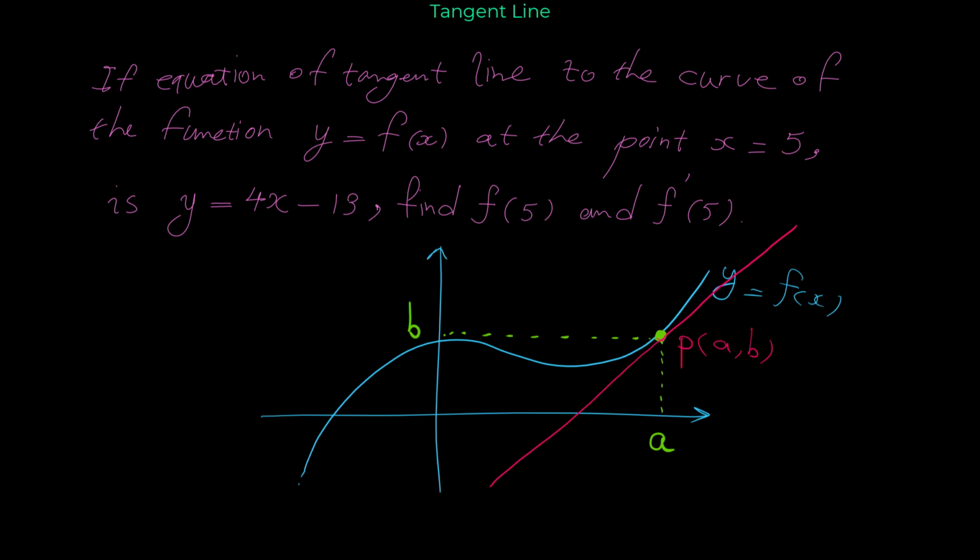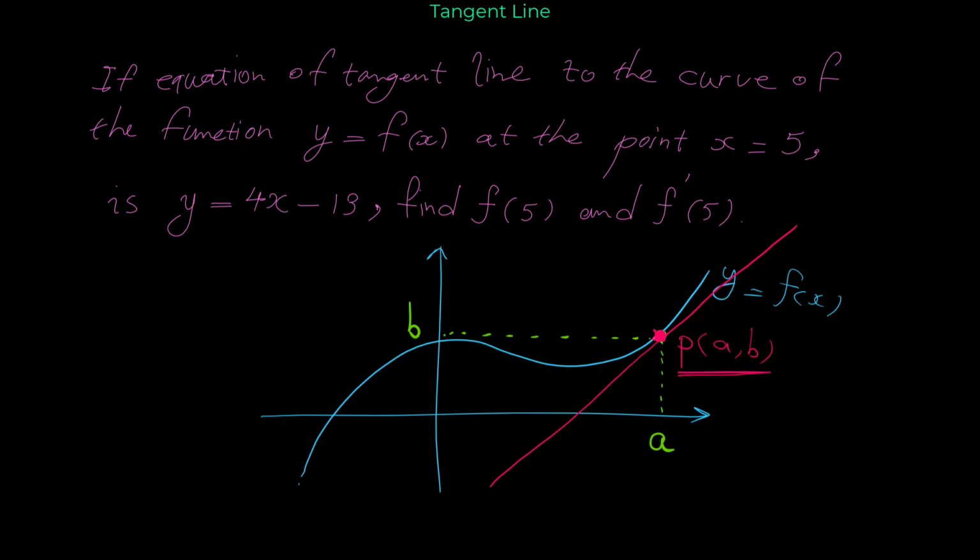First of all, note that this point P is on the curve y equals f of x and is also on the tangent line. So this point, we name it the tangency point.